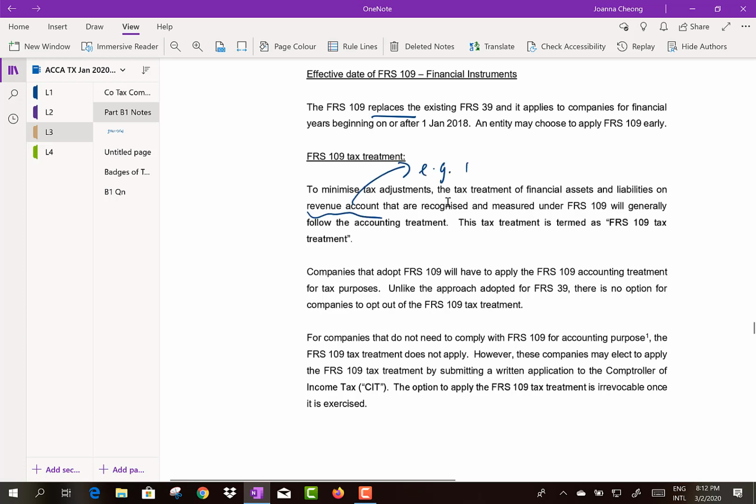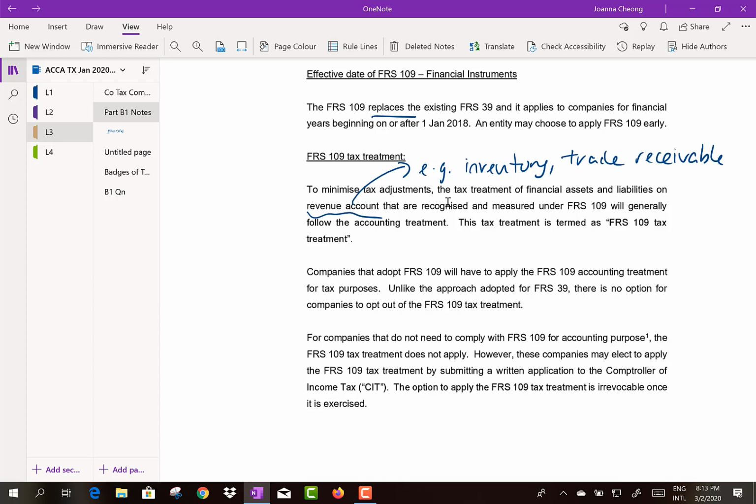Example, your inventory or your trade receivable. By the way, you don't need to do impairment on trade payable. Because if you owe people money, the other person will not tell you not to pay, right? You will only need to do impairment on trade receivable.